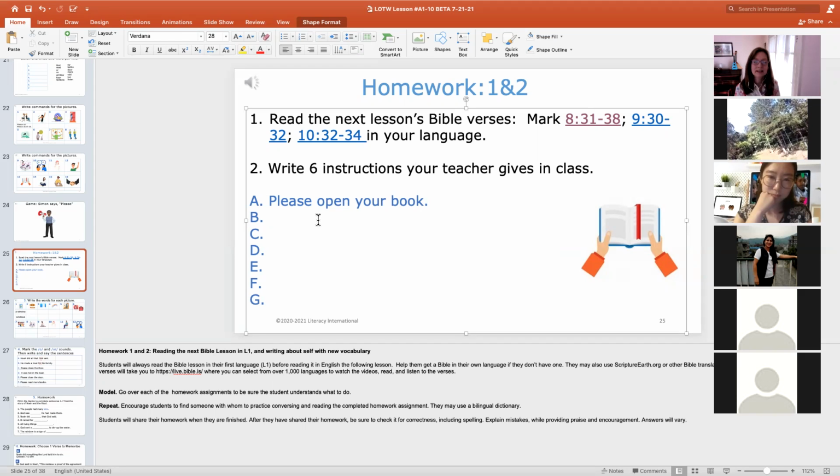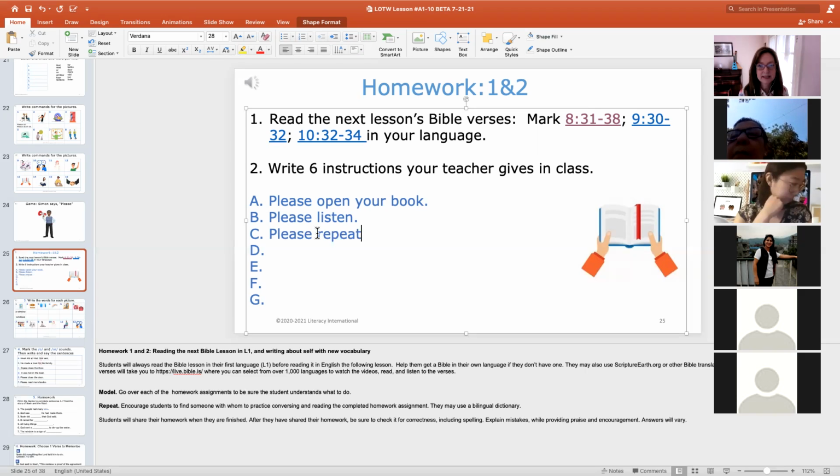And so this gives them the idea of the kind of sentences you want them to write for this homework. And if you want, you can also illustrate these, like please listen, please repeat. So these are just examples.